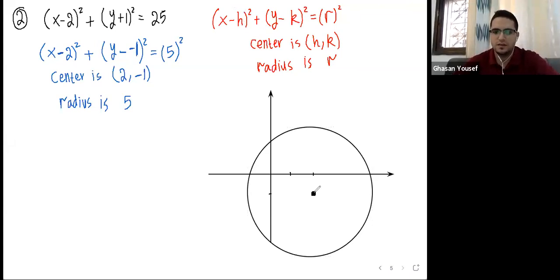So here is the center and here is the radius. Okay, any questions for this example? Makes sense? Is it clear how we can find the center and the radius?